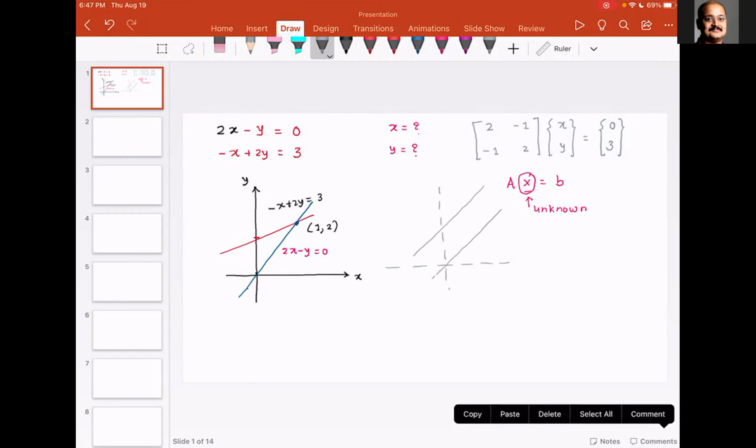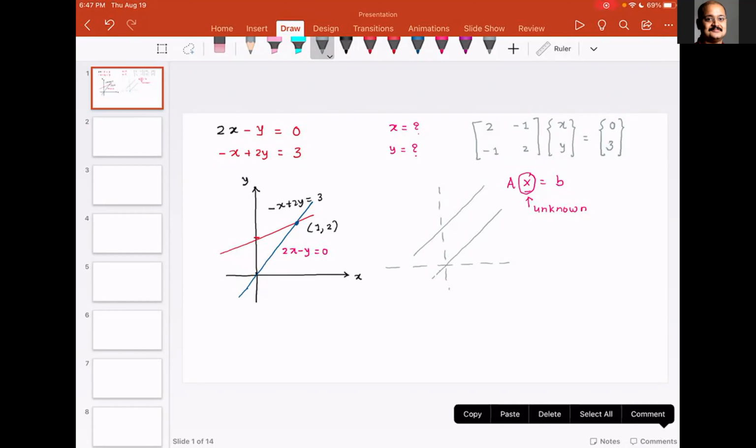So these two lines don't intersect at all, which means there is no possible solution. In other words, what I would say in this case is the number of unknowns exceeds the number of equations that are available, which means I cannot find unique values for x and y.